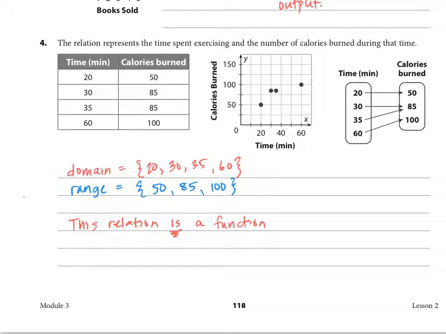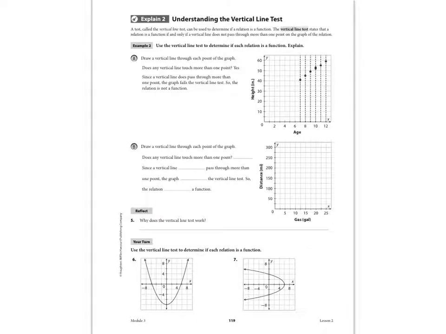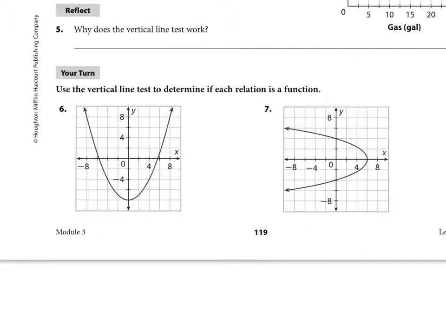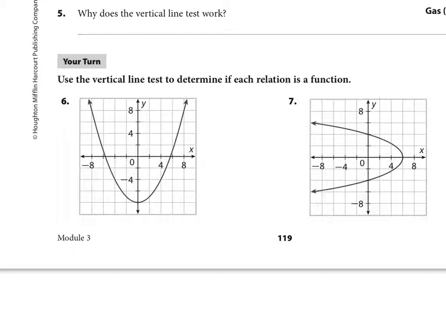So both of these your turns are functions. If you would like to look back at our Explorer, the Explorer problem is actually not a function. So that's a good example to look at. On page 119, let's check this. Let's use this vertical line test to determine if this is a function or not.